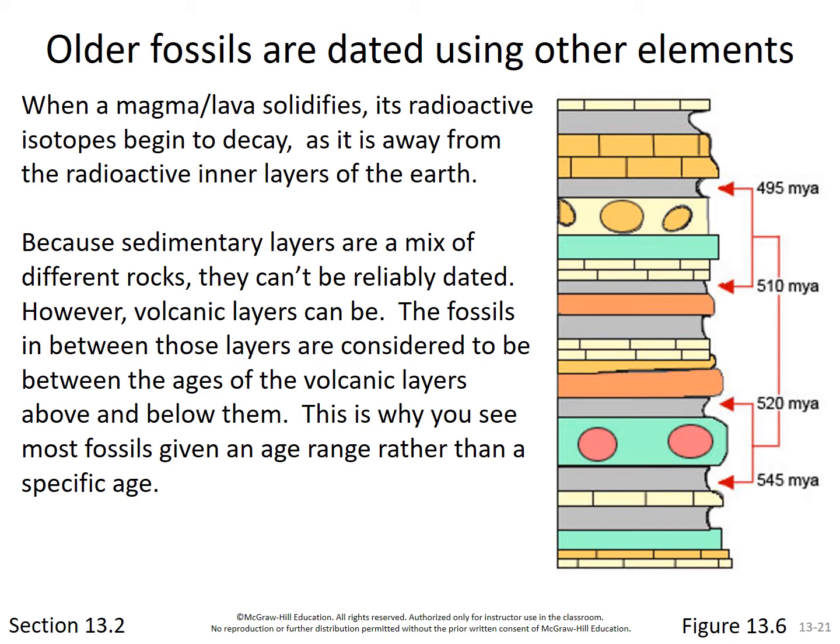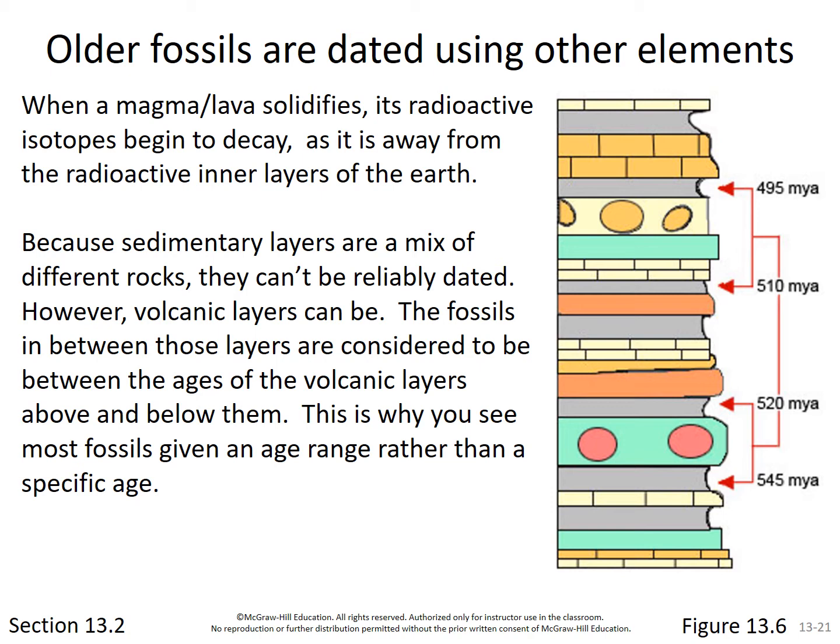If you look over at the right, you'll see that the first top arrow says 495 million years ago, and the second arrow down says 510 million years ago. You can reliably date the volcanic layers, because the volcanic layers are undergoing decay of elements that have a much longer half-life.